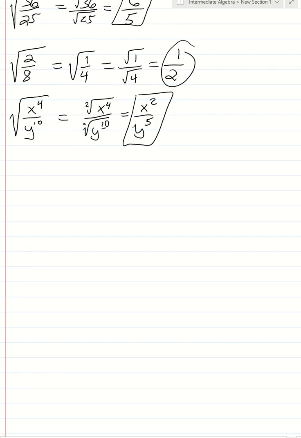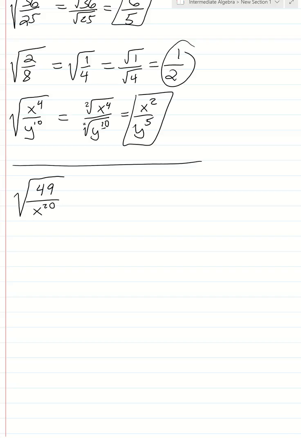Let me give you one to try. Go and take, let's say, the square root of 49 over x to the 20th. Pause the video and try that one. Well, since we can't simplify our fraction here, we're going to take the square root of the numerator over the square root of the denominator.